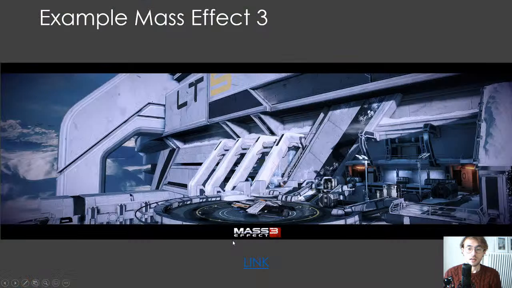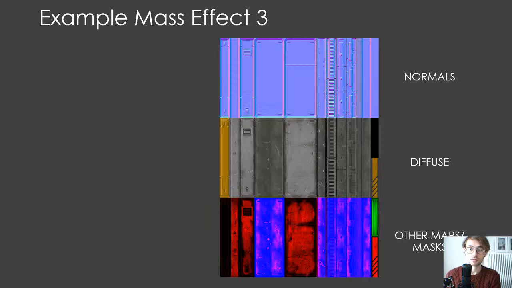So an example of a game that does it, there's plenty of other examples, but one example is Mass Effect, which you probably heard about. So a typical sci-fi setting with panels, which works ideal for this.